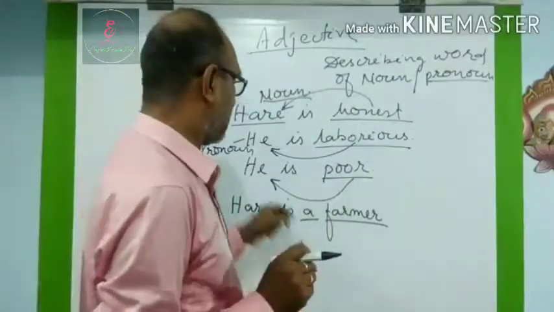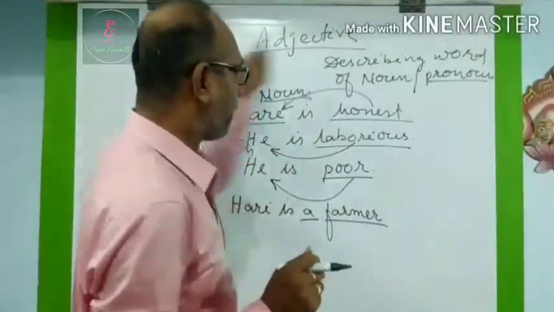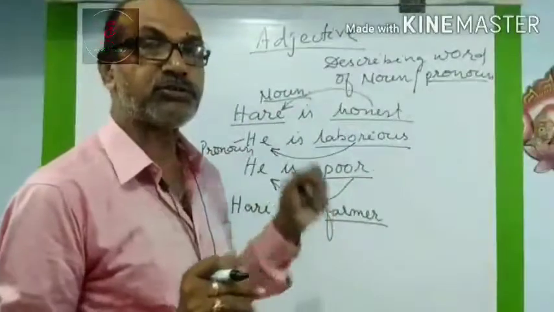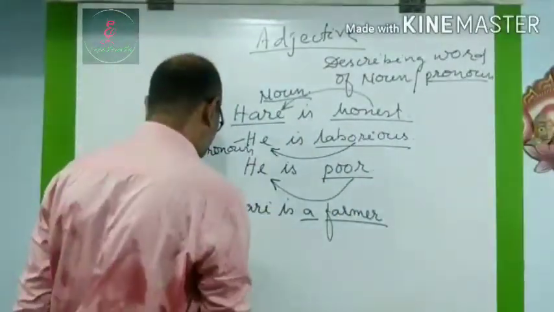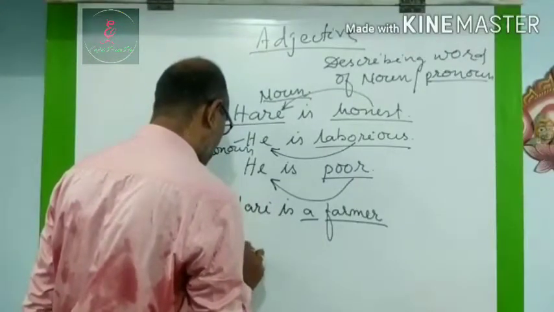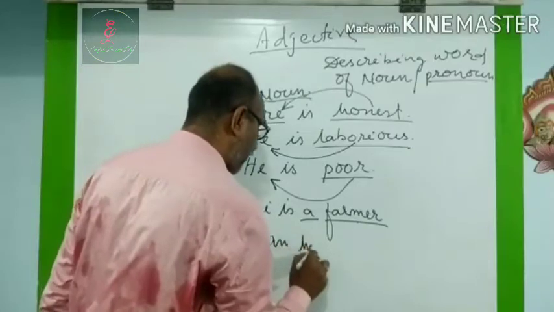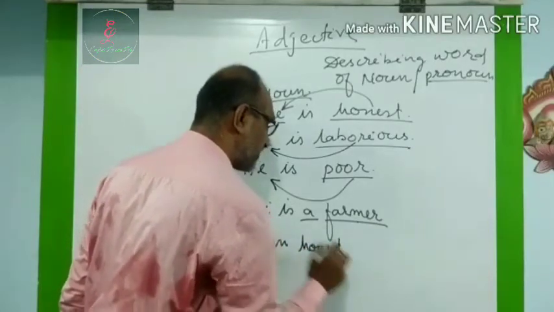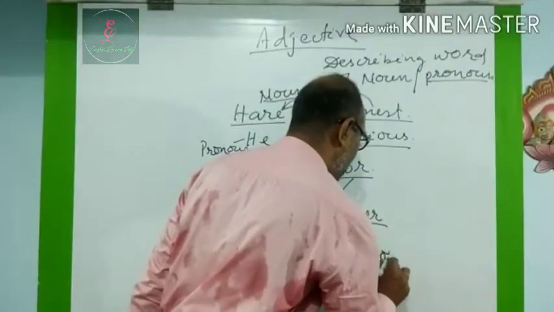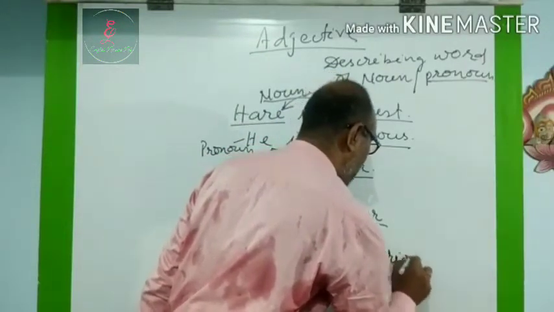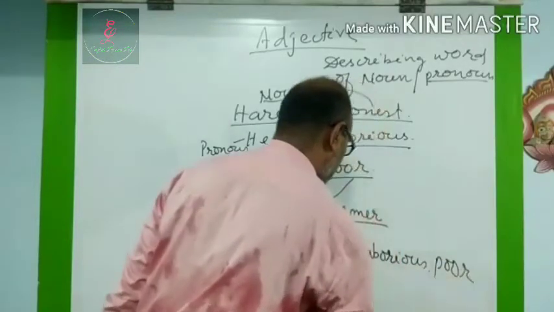Okay, but when you write the sentence combining all this information into one, the sentence is: Hari is an honest, laborious, poor farmer.